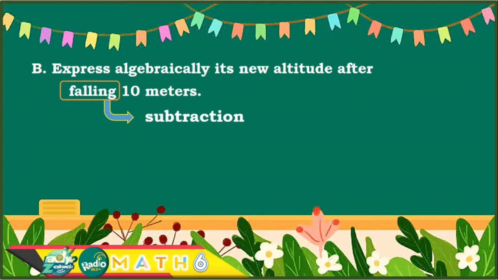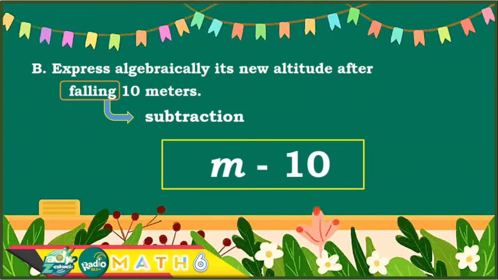To express algebraically the new altitude of the kite after falling 10 meters, we have m minus 10, which can also be read as m decreased by 10, m diminished by 10, m less than 10, the difference of m and 10, and 10 subtracted from m.